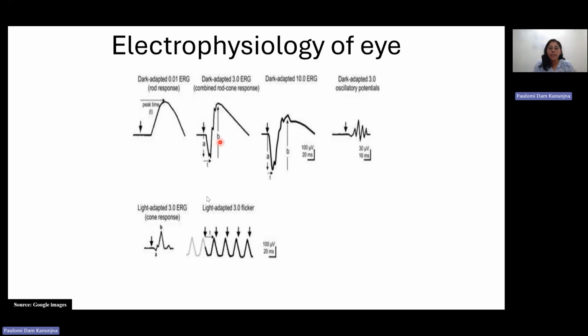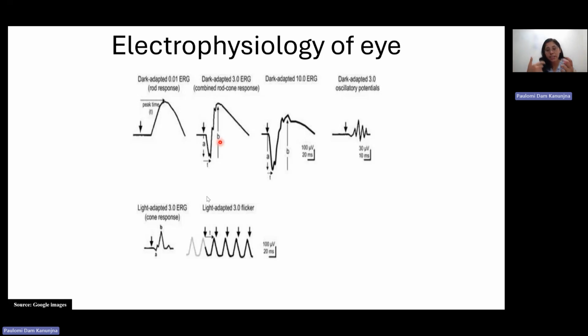Now, the bipolar cells, as we know, if they are depolarized, they are on, because they are releasing glutamate. If they are hyperpolarized, they are off.